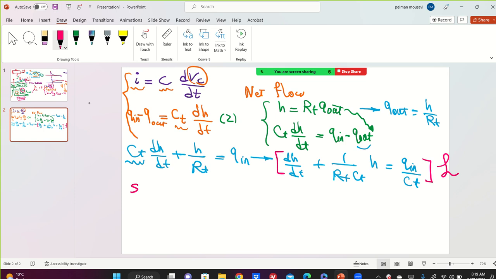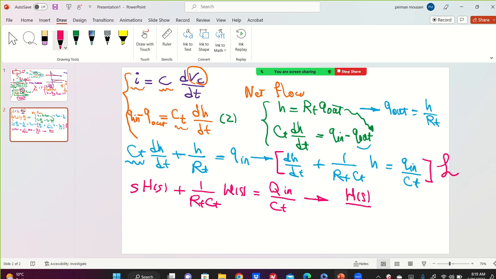So we're going to have s H of s plus 1 over RT CT H of s equals Q in over CT, or the closed-loop transfer function, H of s divided by Q in, is equal to 1 over CT divided by s plus 1 over CT RT.